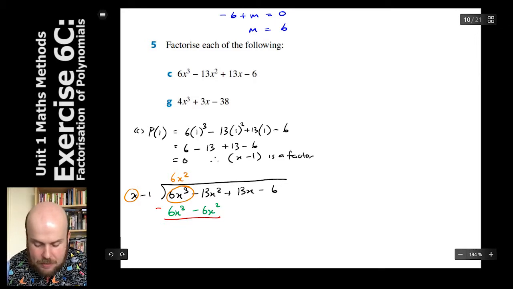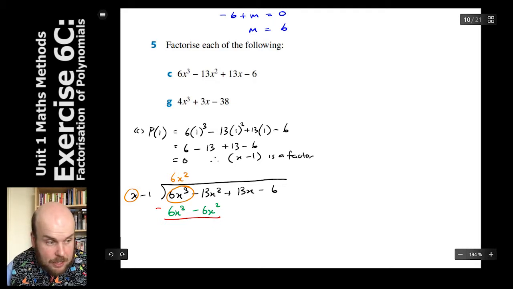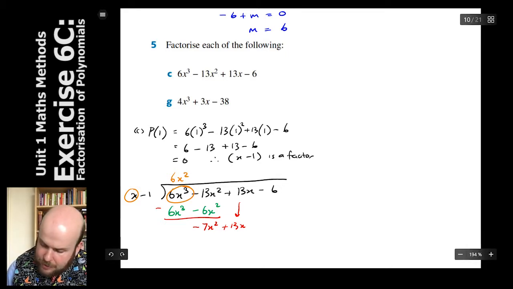Negative 13x squared minus 6x squared, so we're going to need to do a plus here. Gets me negative 7x squared. And then we'll bring that 13x down.